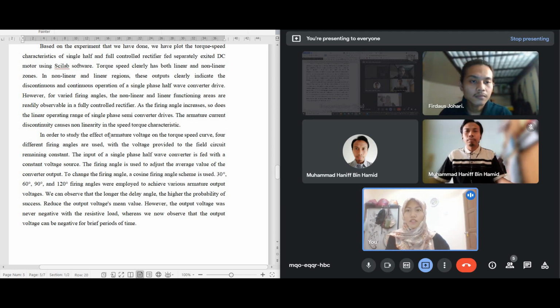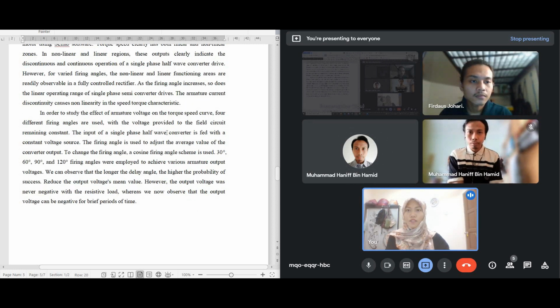In order to study the effect of armature voltage on the torque speed curve, 4 different firing angles are used. With the voltage provided to the field circuit remaining constant, the input of a single-phase half-wave converter is fed with a constant voltage source. The firing angle is used to adjust the average value of the converter output.